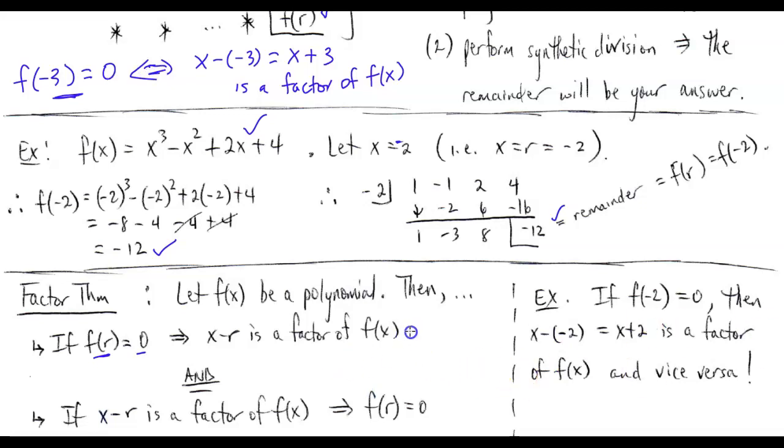Okay, so these two things together basically say that you can't have one without the other. If I plug a particular value in for x to a function and it's 0, then I know that x minus r has to be a factor. And if x minus r is a factor of a particular polynomial, then whatever value makes this go to 0, which is r, actually makes the polynomial go to 0. Okay.